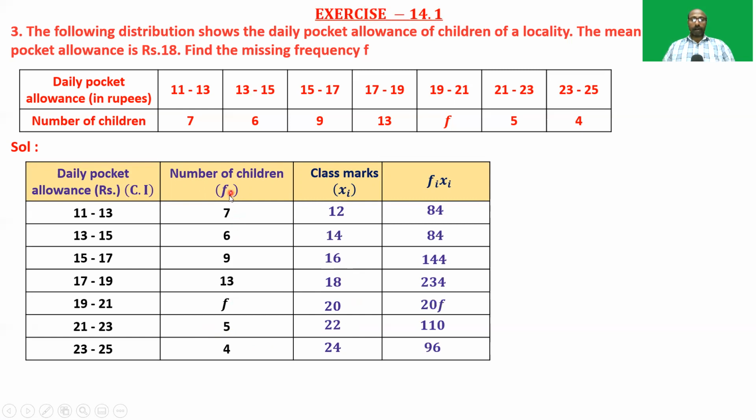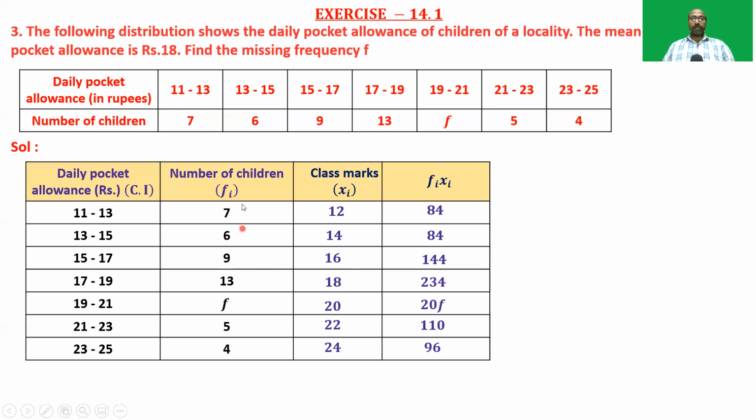Now the sum of all these Fi's is 7 plus 6, 13, 13 plus 9, 22, 22 plus 3, 25, 35 plus 5, 40, 40 plus 4, 44, and F is there.